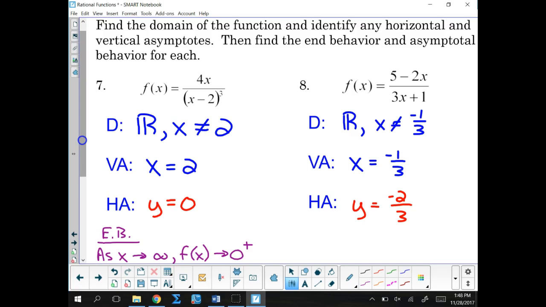Now, that creates a little bit of an issue, right? Because now my end behavior is going to go to negative 2/3. So I can't just look at positive and negative now, because they're both going to be negative. I have to look now at actual numbers on my end behavior to determine if it's from above or from below.